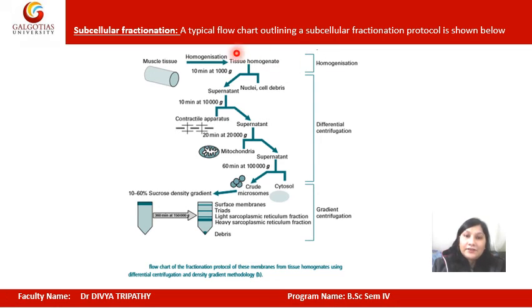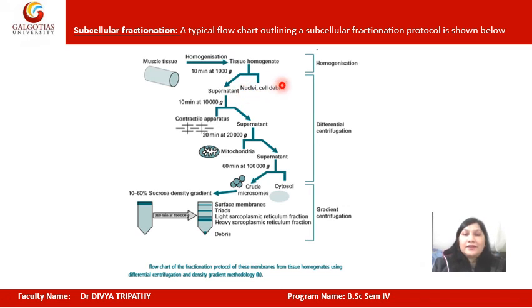Once we get tissue homogenate, we will subject it to differential centrifugation, and this will involve many steps. The first step will be the application of centrifuge for 10 minutes at 1000 G. In this process, we will get the pellet of nuclei and cell debris, which are the largest particles present in the cell, and a supernatant.